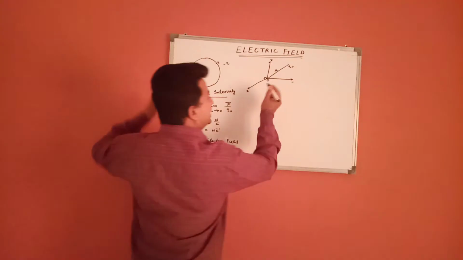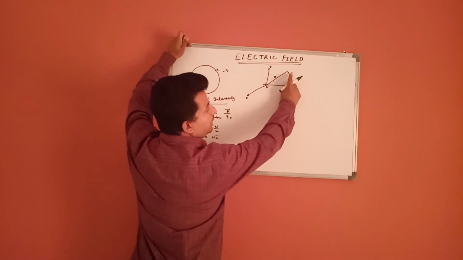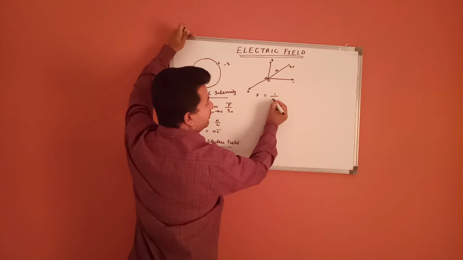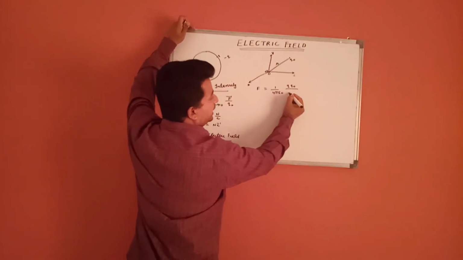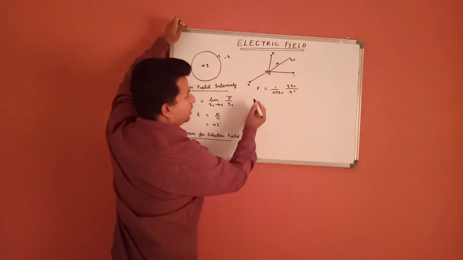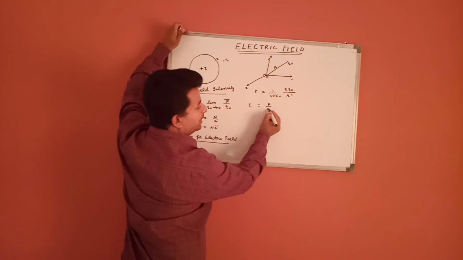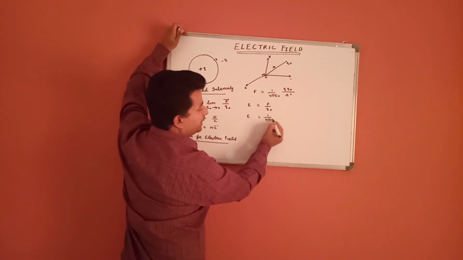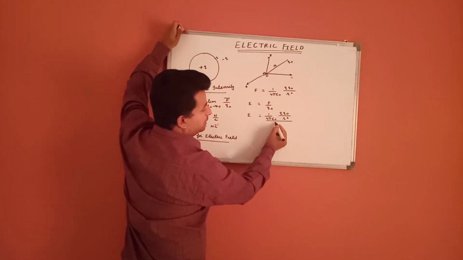The electrostatic force between the two charges, that is plus q and q naught, according to Coulomb's law is 1 by 4 pi epsilon naught, q q naught by r square. According to the concept of electric field, E is F by q naught, that is E is equal to 1 by 4 pi epsilon naught, q q naught by r square, upon q naught.